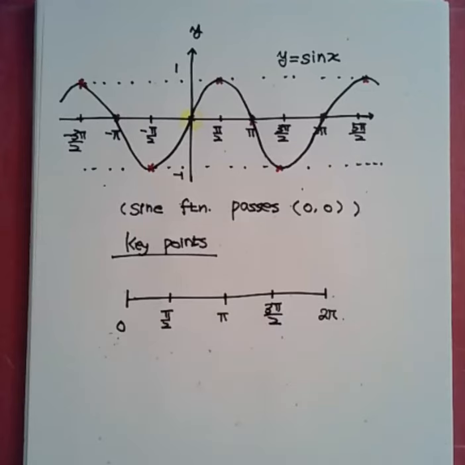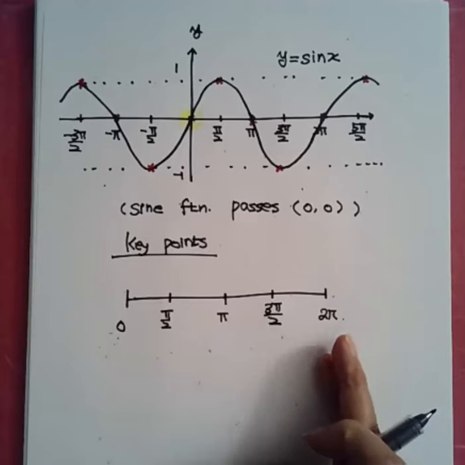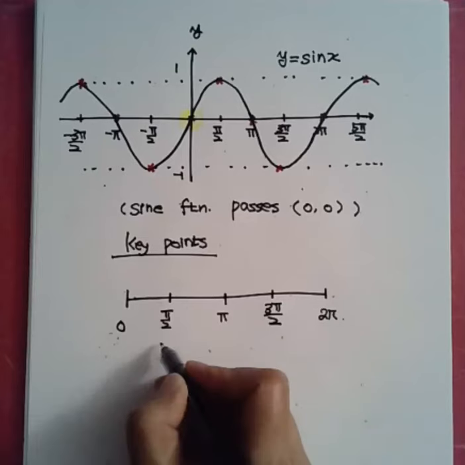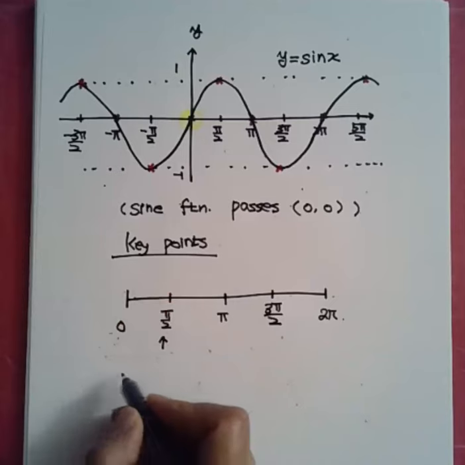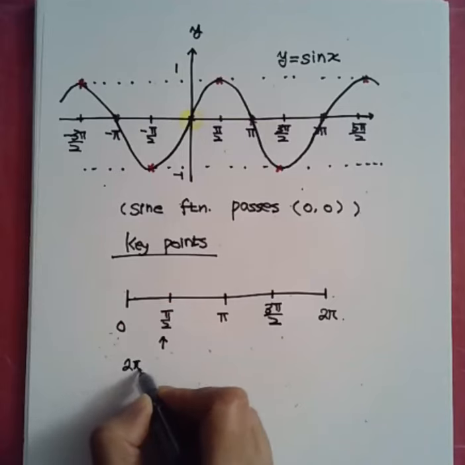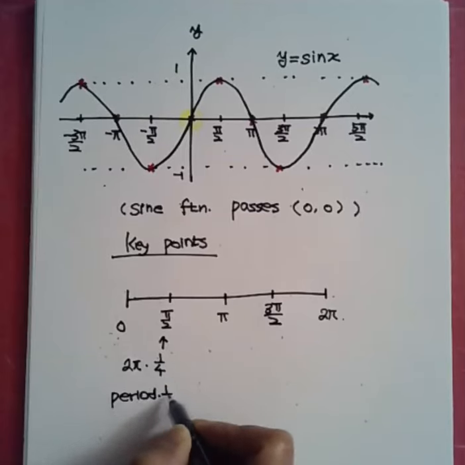Later, we will think about the horizontal stretch or shrink. When we think about that, the period will not be 2 pi anymore. In that case, you will just think about the first benchmark as period times 1/4.